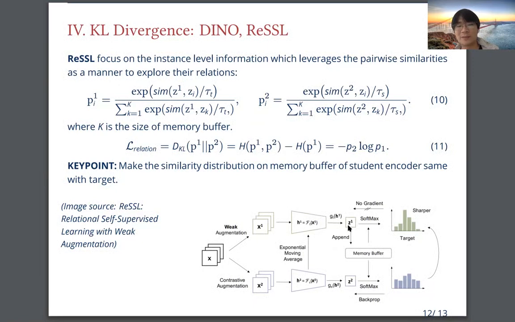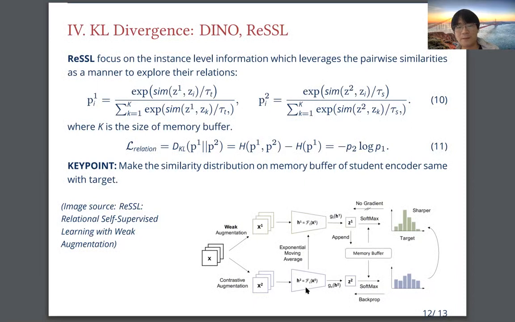For Z1, we calculate the cross-similarity with the memory buffer, all the information in the memory buffer, which is here P1.